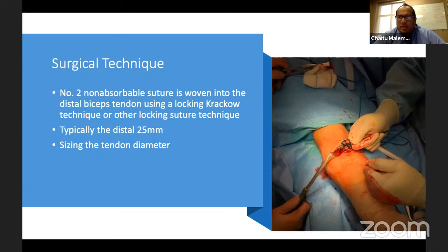In a locking format, I mark the distal 25 millimeters of the tendon, and typically about 10 to 20 millimeters of that goes into the socket. So here, in this picture, after I've whip stitched the tendon, I'm sizing the diameter so that I know the size of the socket I'm going to drill. Typically, in males and females, it's around a 7 in diameter.